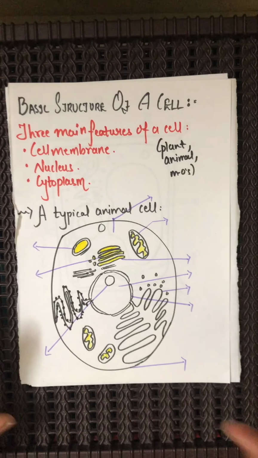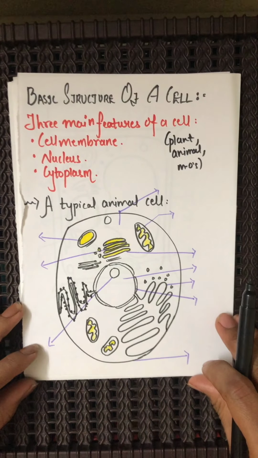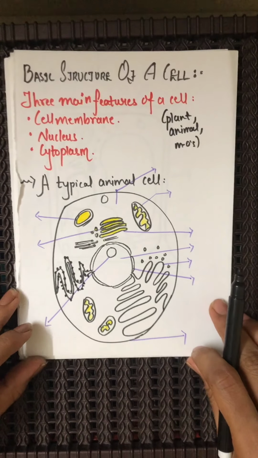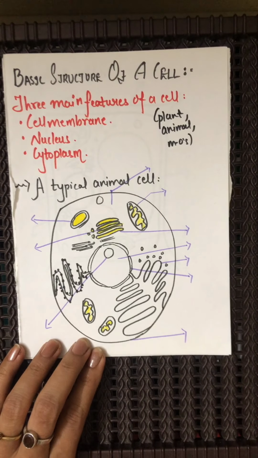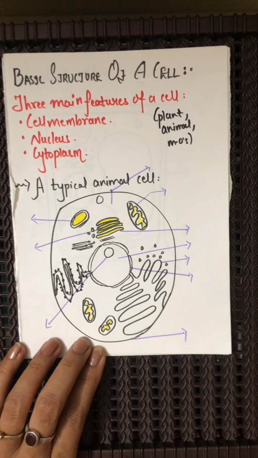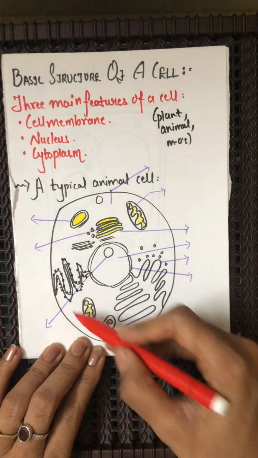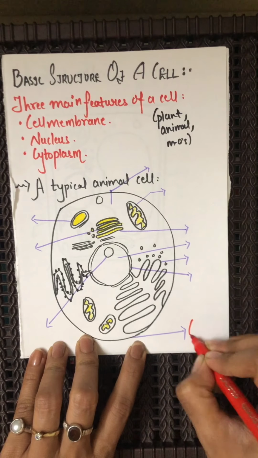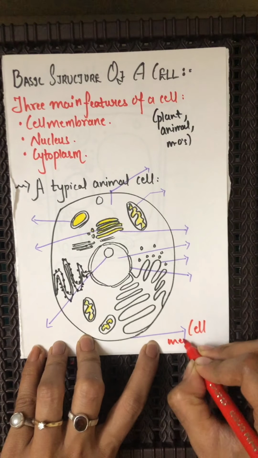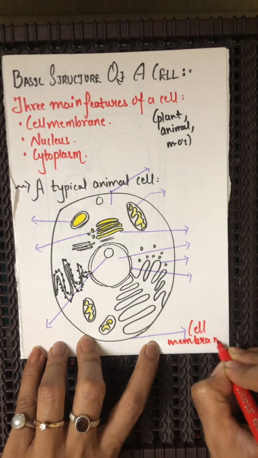So if we talk of a typical animal cell, how does it look? It looks something like this, a typical animal cell, wherein you can also find the cell membrane. So we will label it over here, that is cell membrane.